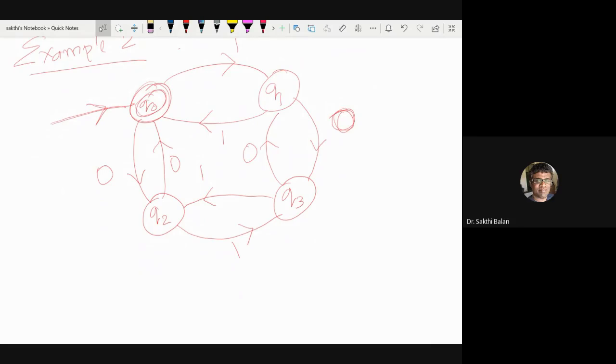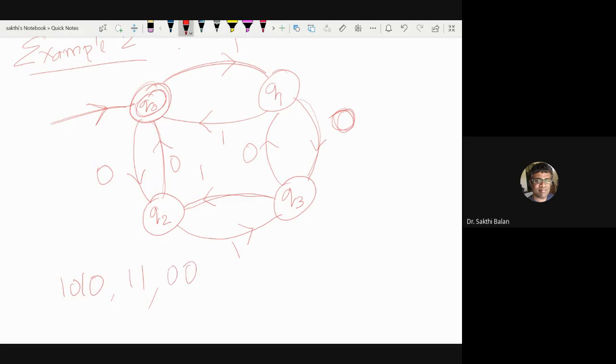Yes. Sir, 1010. 1010. How is it accepted? So 1 0 1 0. Yes, 1010 is accepted. Any other string? What about 1 1? 1 1, yes.